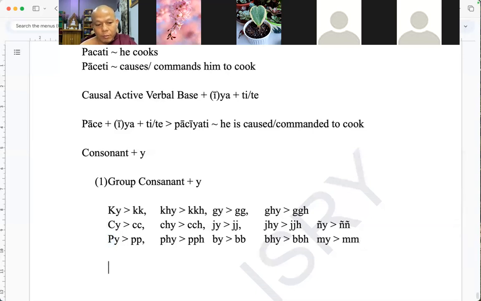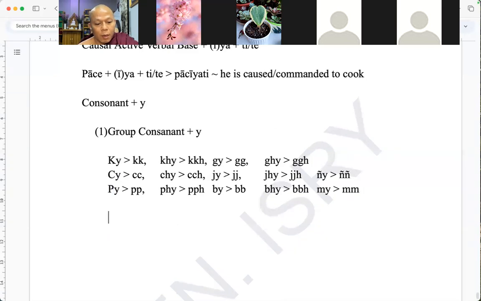But the other group is ta, tha, da, dha, and na. In the same way, for these, instead of assimilation, palatalization happens.